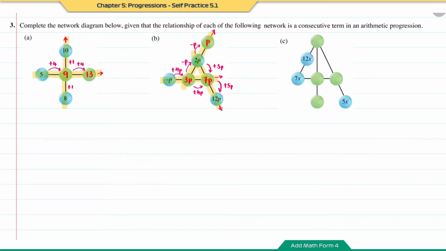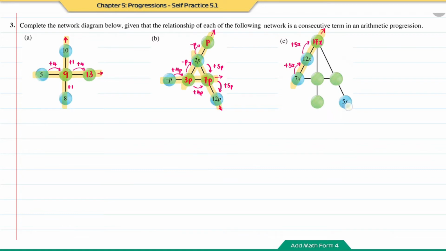Question C. So first we're going to look at this sequence from this direction. From 7x to 12x, you are adding 5x to the previous term. So for the next term, you use the same thing. 12x plus 5x, you're going to find that this term here is 17x.